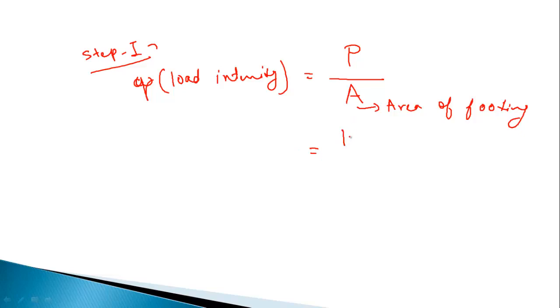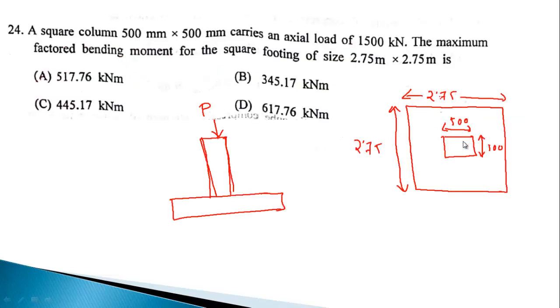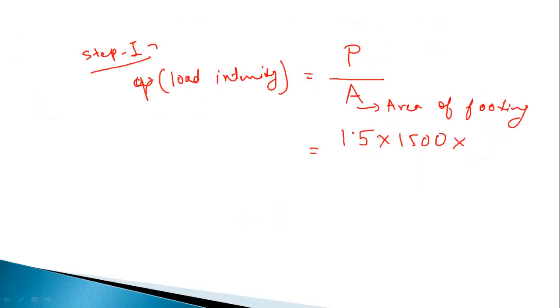So P will be 1500, but we have to multiply it by the 1.5 factor of safety, because it's not stated that it is the factored load. Only the axial load is given, so we have to take the factor. So 1.5 into 1500 divided by the area, 2.75 into 2.75.